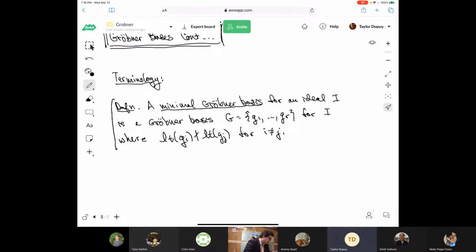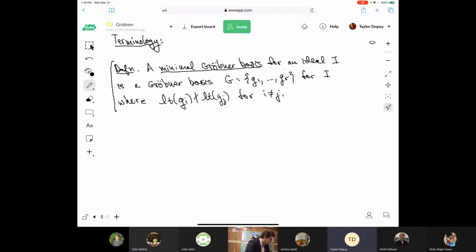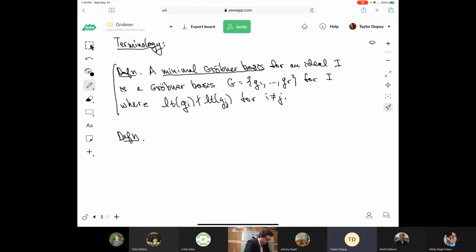Okay, so this is a minimal Groebner basis, and then let me give you another definition. There's a stronger condition that you can impose, and so a reduced Groebner basis, and this is what the algorithm in Sage outputs.